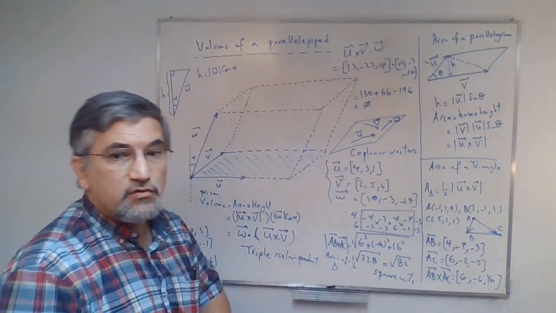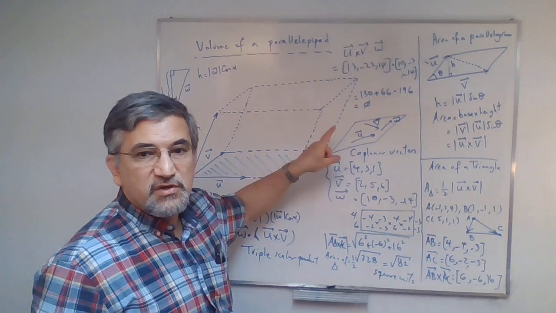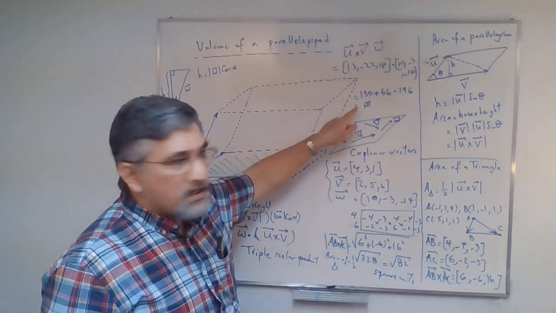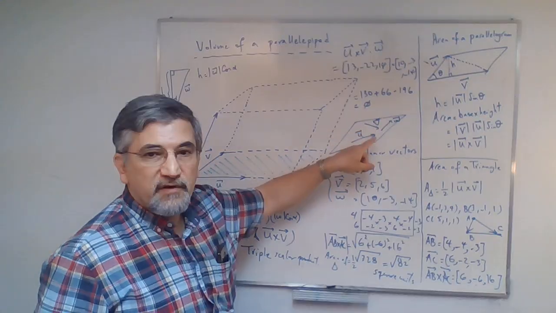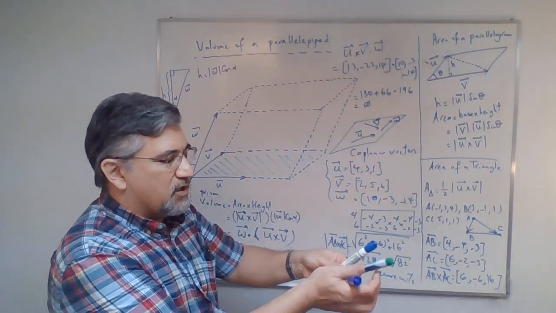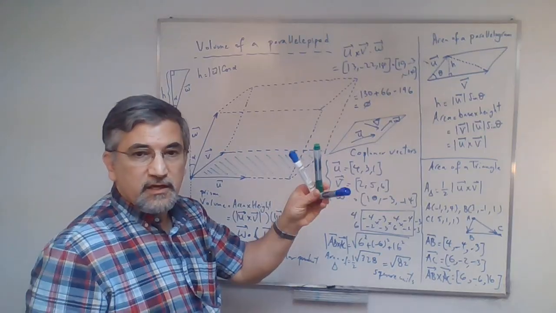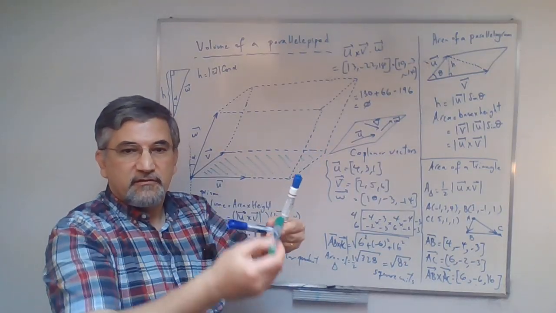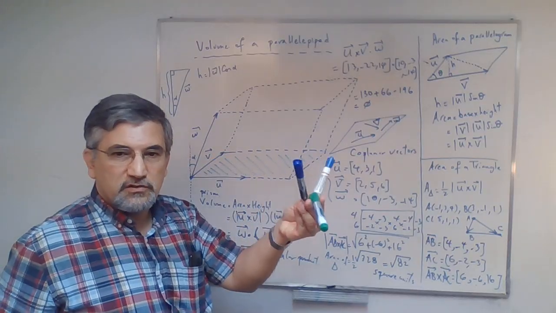And if you get 0, it means that the three vectors must have been coplanar. If you didn't get 0, if you got some different answer, it means that the three vectors must not have been coplanar, like this. Must have been like that. You see, these vectors are not coplanar.